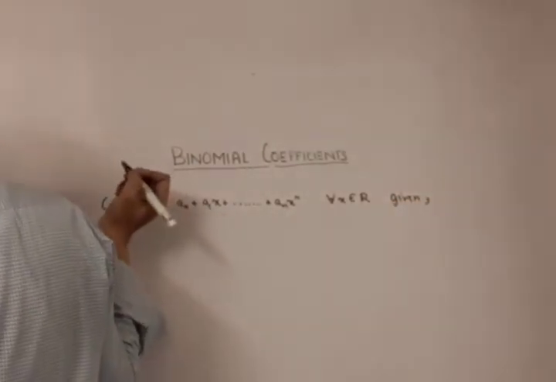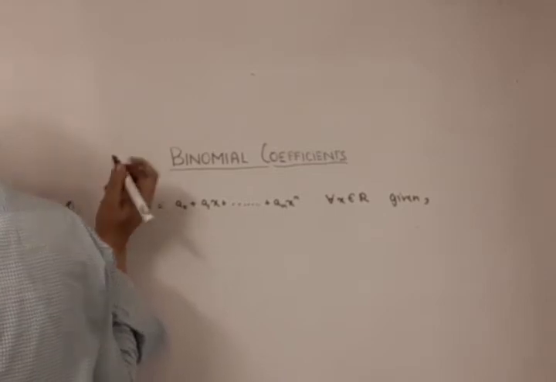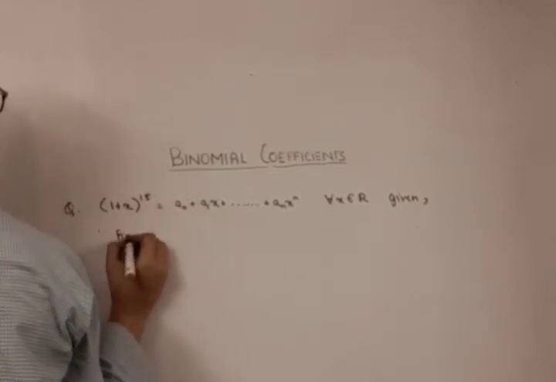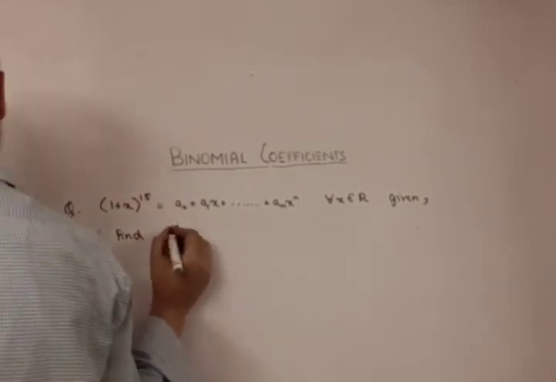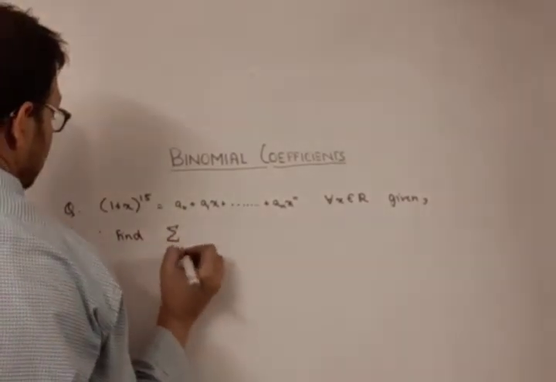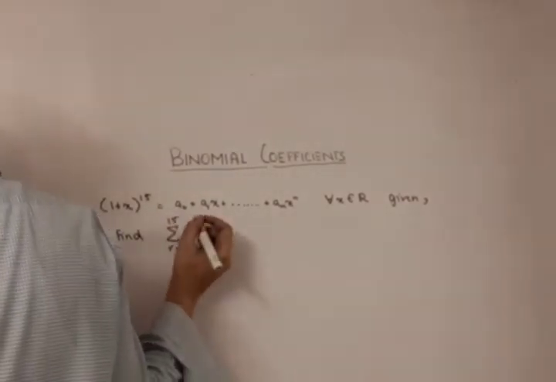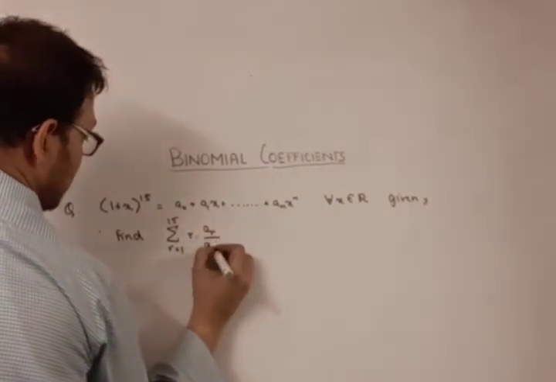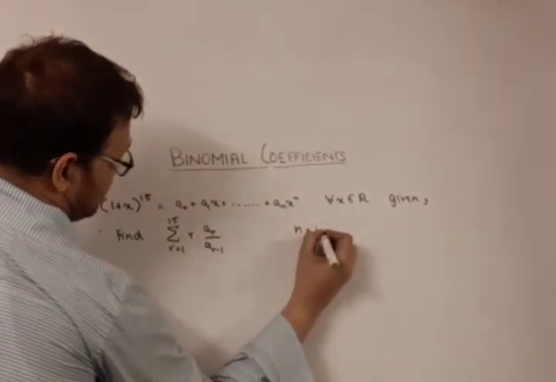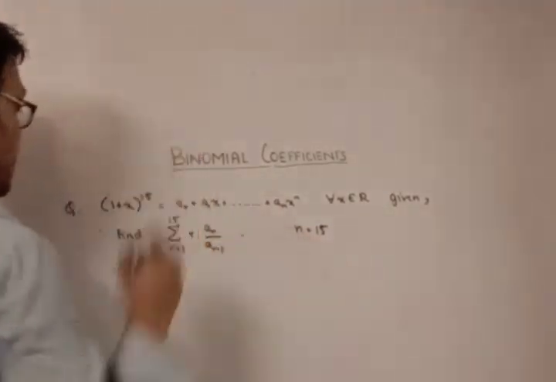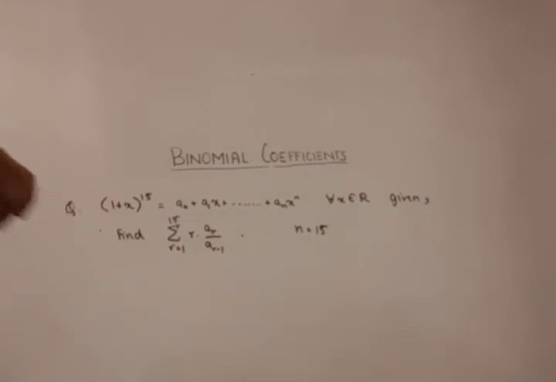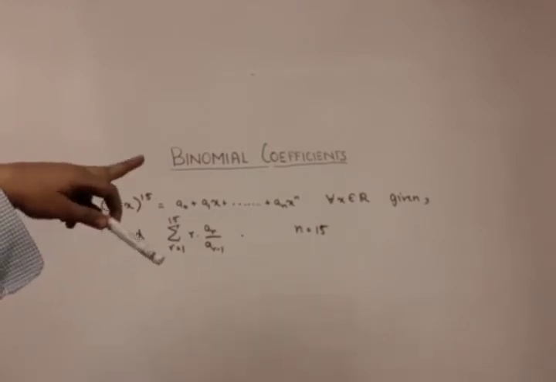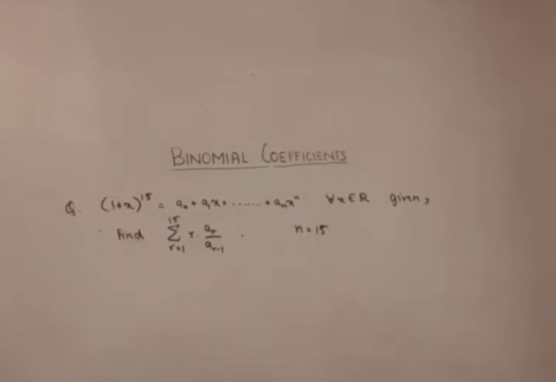Then find the sum for r equals 1 to 15 of r into ar by a(r minus 1). So this is our problem. It's given that (1 plus x) to the power 15 is a0 plus a1 x plus dot dot plus an x to the power n for all x belonging to real numbers. Find this thing.